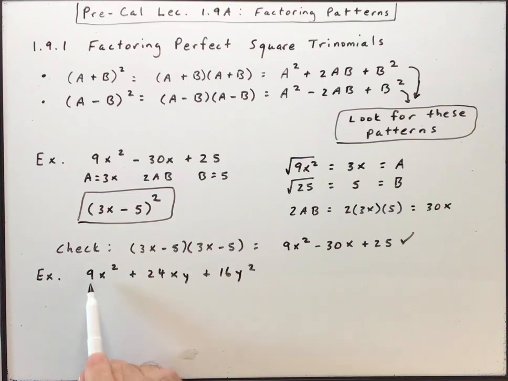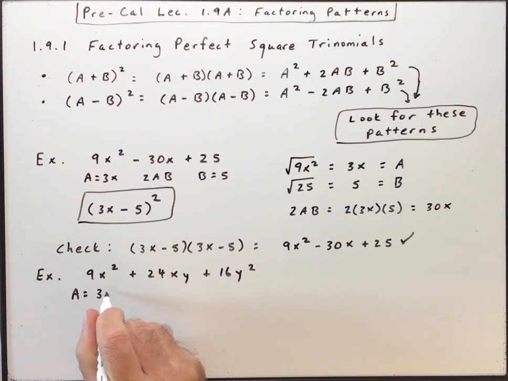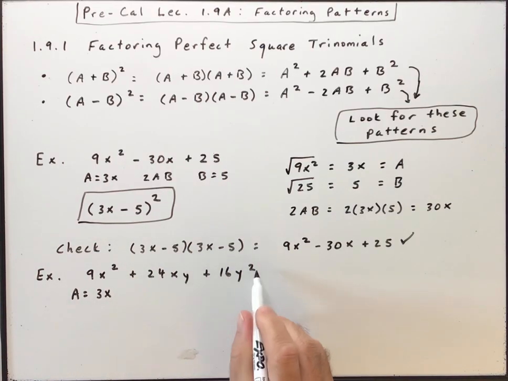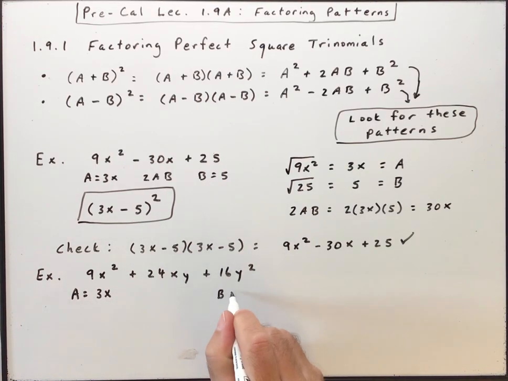Well, if you look at it, the two end terms are perfect squares. If you take the square root of them, you're not going to get decimals. So what would a be? Well, the square root of 9x squared, we actually did that on the last one. It's 3x. And how about 16y squared?